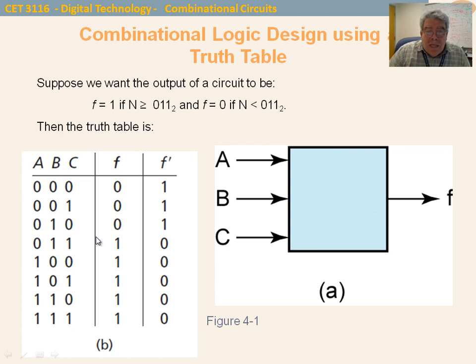So see that each row can be described using AND terminology. This is 1 whenever this is 0, and this is 1, and this is 1. Or our function is going to be 1 when this is 1, and this is 0, and this is 0. Or when this is 1, this is 0, and this is 1.